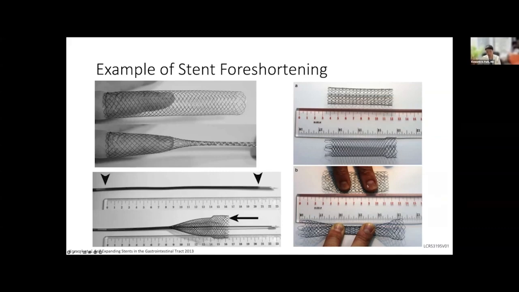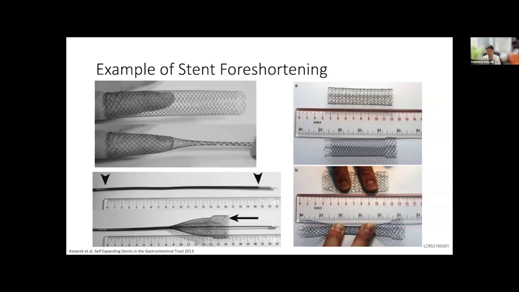So this is the opposite of foreshortening. Versus when there's a stricture or pressure on these braided type stents, you see that the stents elongate, which translates to forces towards the ends of the stent that will become pertinent as we go over some of the clinical cases and complications.